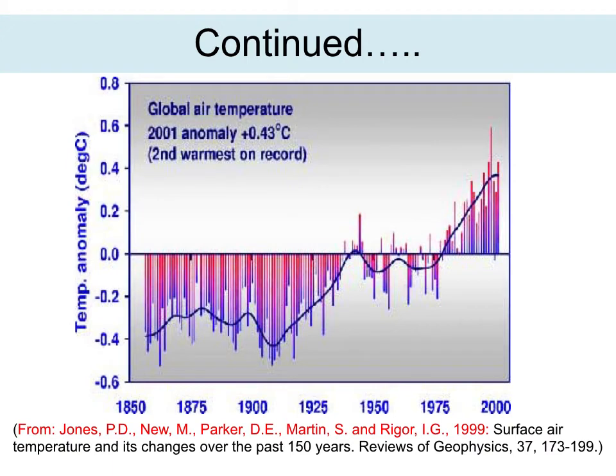It is another graph, but this time a time series graph showing the combined global land and marine surface temperature record. Land and sea surface temperature records from 1856 to 2001. The temperature is plotted as a difference, that is called anomaly, compared to what? From the long term average.